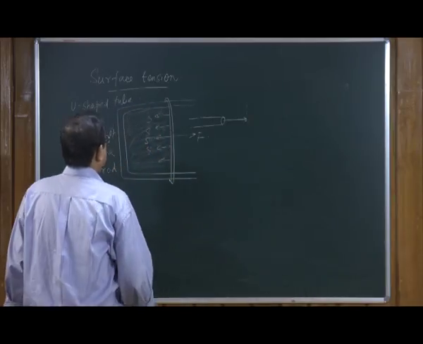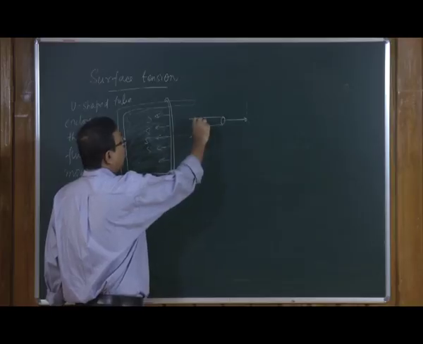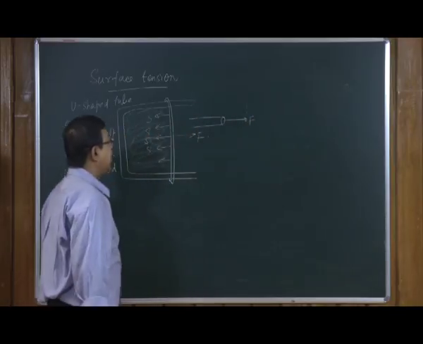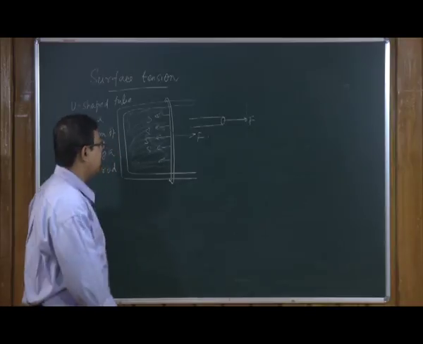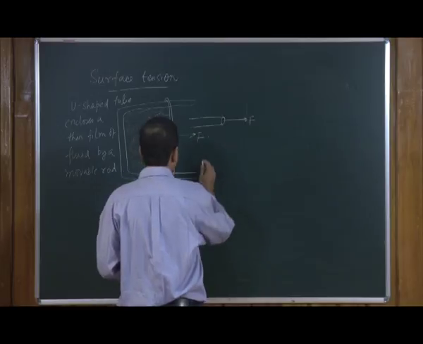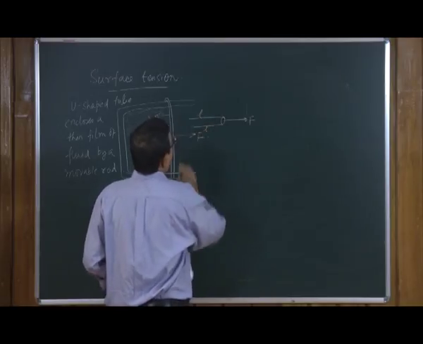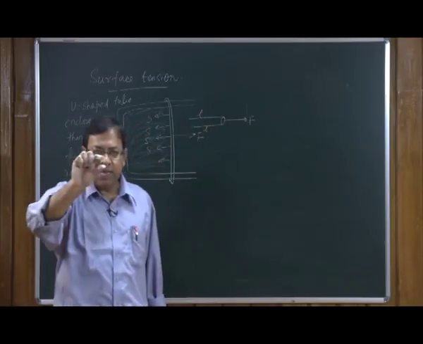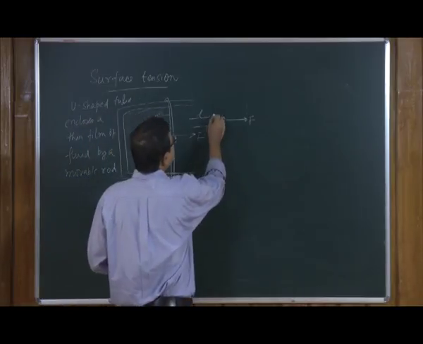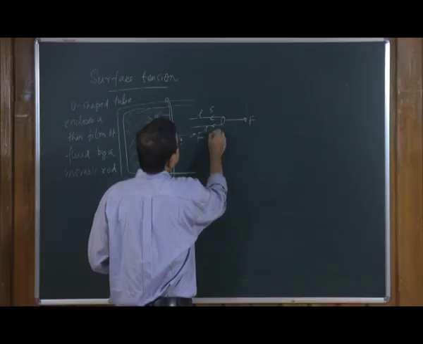So, let us take one small column here, and consider this force F acting on this, which increases the surface area. This will increase the length of both these sides of the tube. So, that tells you that the surface tension is S here, S here.